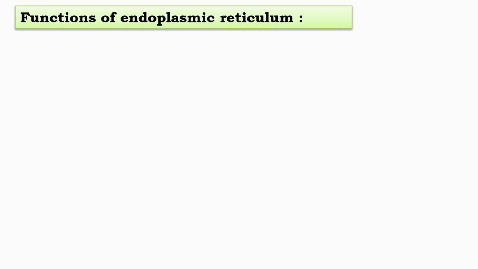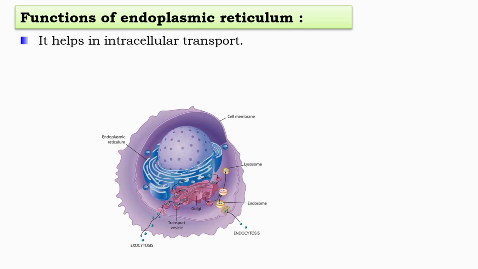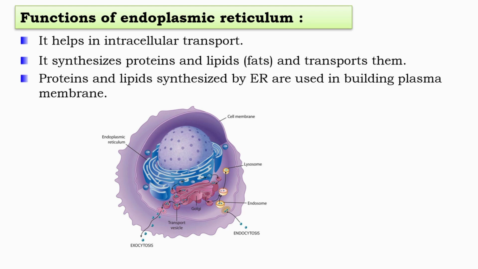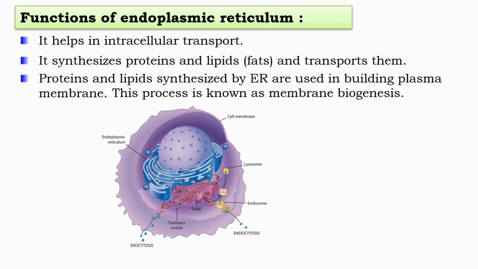Functions of endoplasmic reticulum. It helps in intracellular transport. It synthesizes proteins and lipids, that is fats, and transports them. Proteins and lipids synthesized by ER are used in building plasma membrane. This process is known as membrane biogenesis.